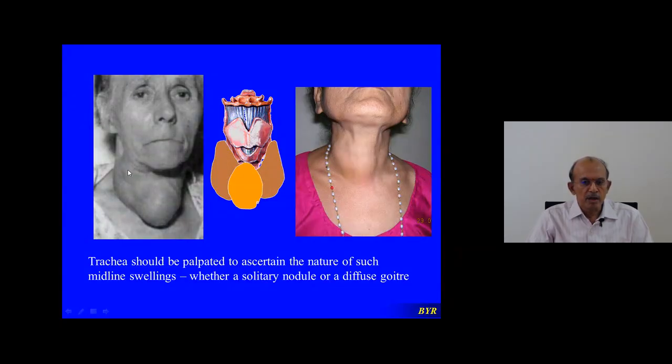Solitary nodule or a diffuse goiter. Clinically, for that, what you do, you have to palpate the trachea on either side of the swelling. If you can palpate the tracheal rings clearly, that means that this side lobe is not enlarged. So a midline swelling sometimes gives you a confusion. Is it a solitary swelling or a diffuse swelling?